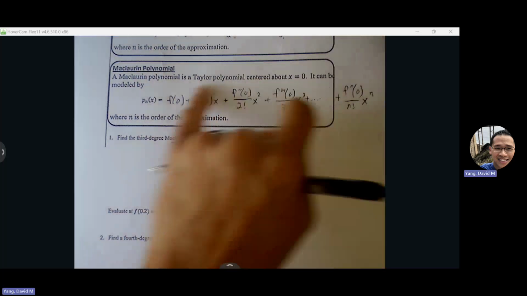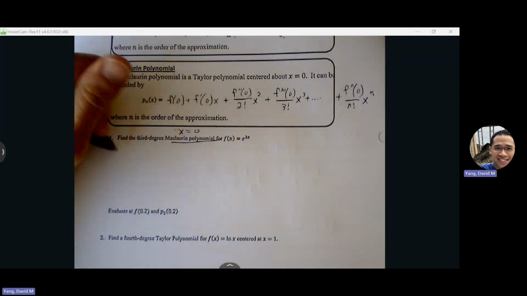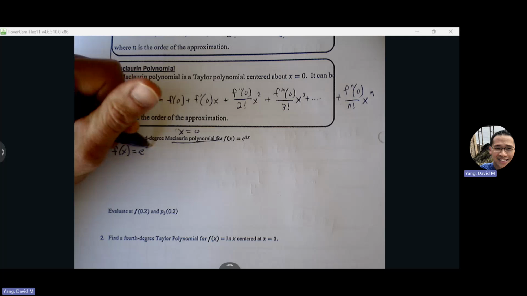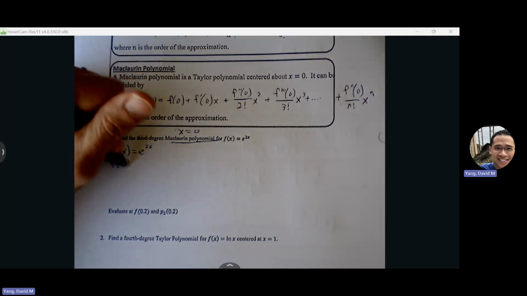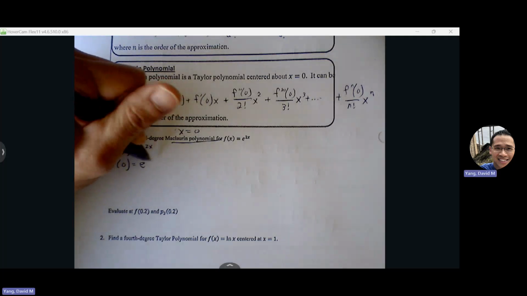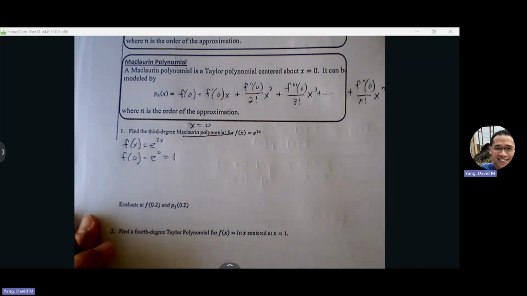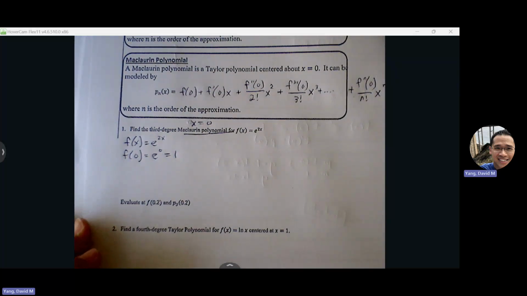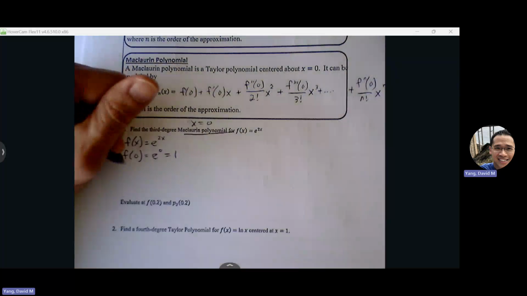So we're going to gather enough information, and then we can put it into a polynomial form. So our f of x is e to the 2x. Let's find f of 0. f of 0 is e to the 0, which is 1. So that's a y value that we want to use.